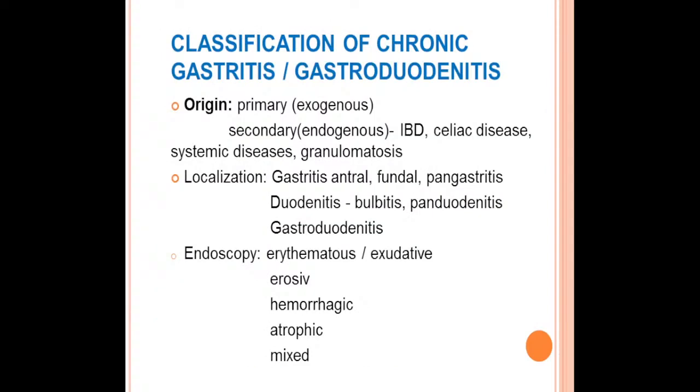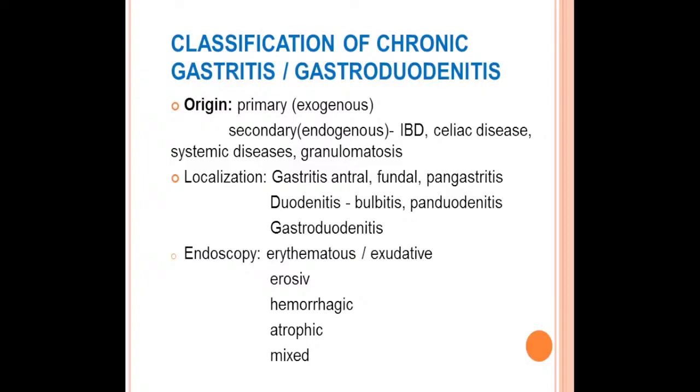Classification of chronic gastritis or gastroduodenitis. An international classification of this diagnosis is absent, but the working classification is as follows. First of all, by origin: primary chronic gastritis or gastroduodenitis, caused by exogenous factors, Helicobacter pylori, or chemical gastritis, C gastritis, B gastritis.